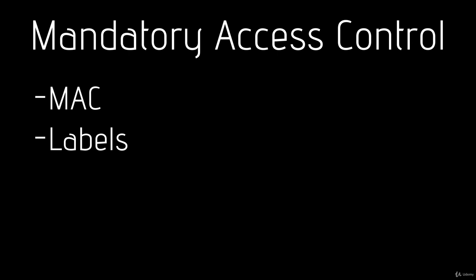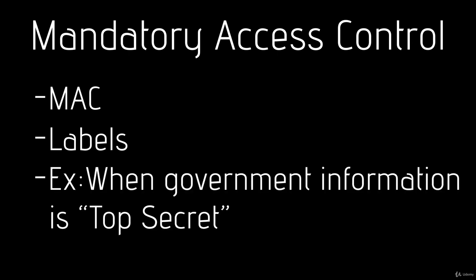Probably the most classic example here in the US is top secret, secret, confidential, or public, where we separate based on the type of clearance somebody has, and back in the old days, they would physically label different types of documents. Now, that actually did tie into the computer world a little bit, but mandatory access control as a concept doesn't really work that perfectly in the computer world.